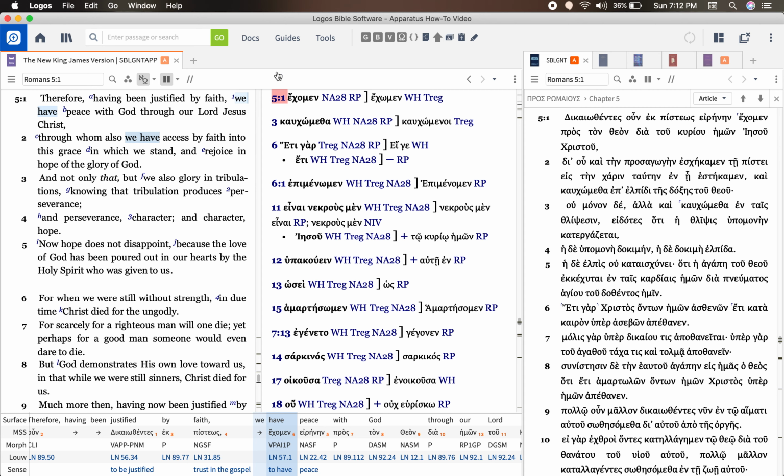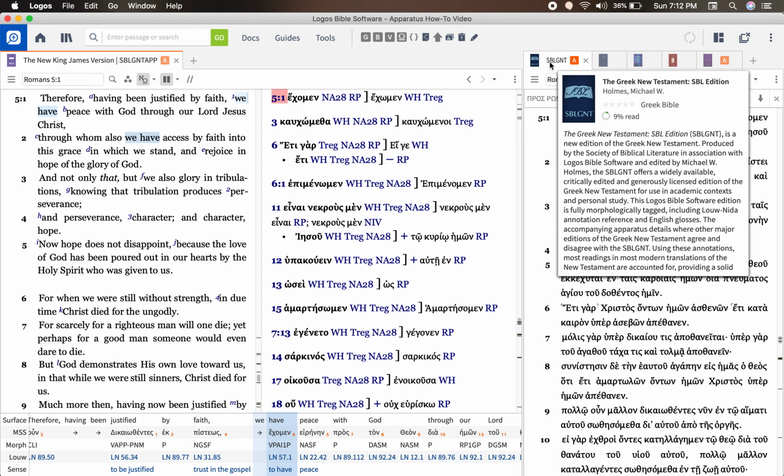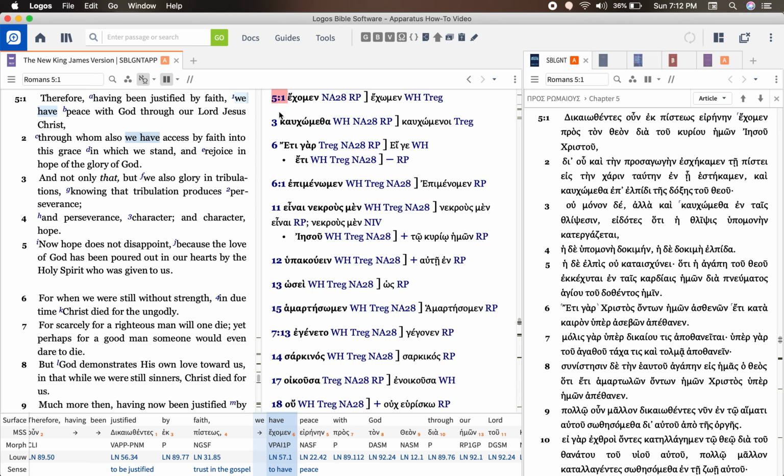And here's the way this apparatus is set up. And again, this is very simple to use. The first thing you're going to have is the reading of the base text, which is this here, the SBLGNT, in bold. So this is what the base text reads. Then following that, you're going to have the critical editions that support this base reading.